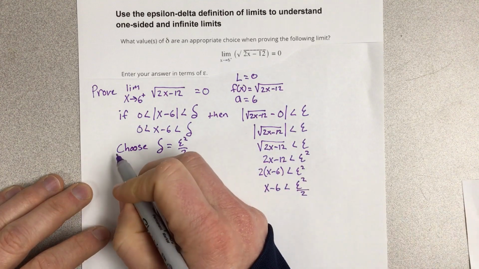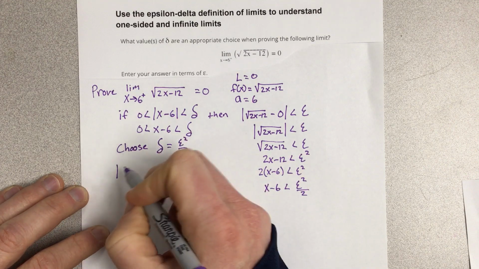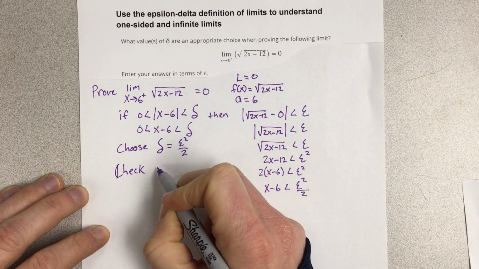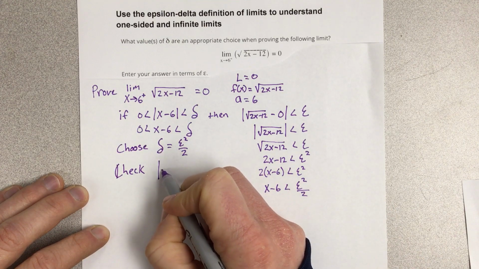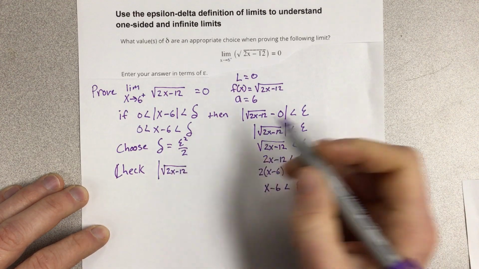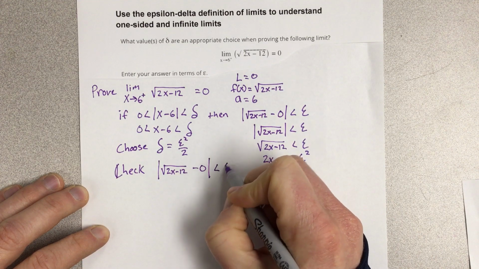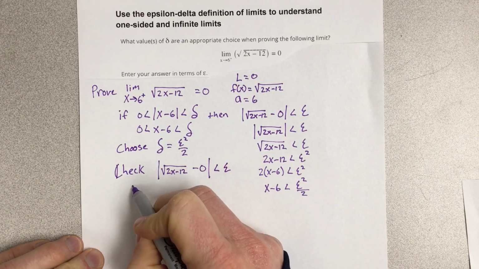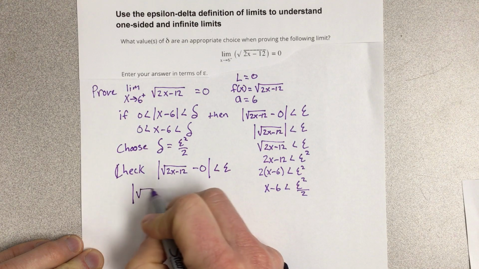So let's check that the absolute value of root 2x minus 12 minus 0 is actually less than epsilon. To do that, we're going to start with this piece on the left, which is really the absolute value of the root of 2x minus 12.